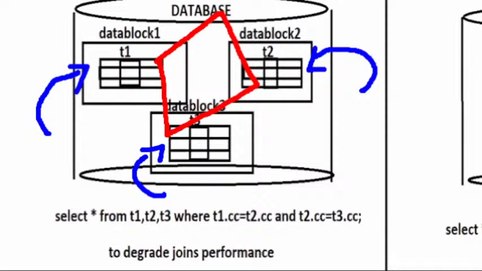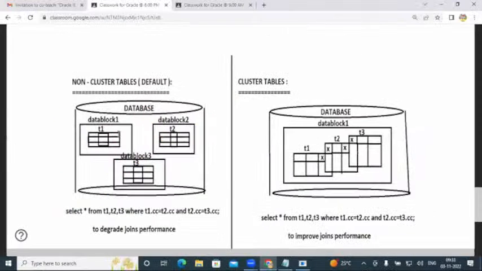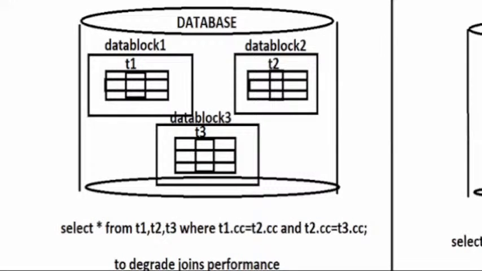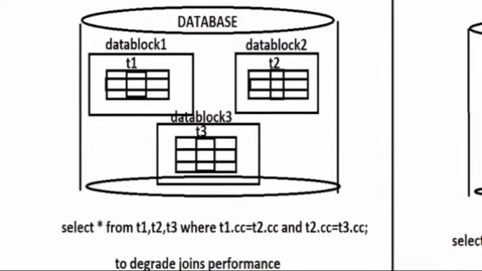But whenever I retrieve data from multiple tables, then there is a problem. What is the problem here? Let me see. We already know the joins topic. Whenever we want to retrieve data from multiple tables, definitely we use joins. Yes or no? We are using joins. So here also, same thing.